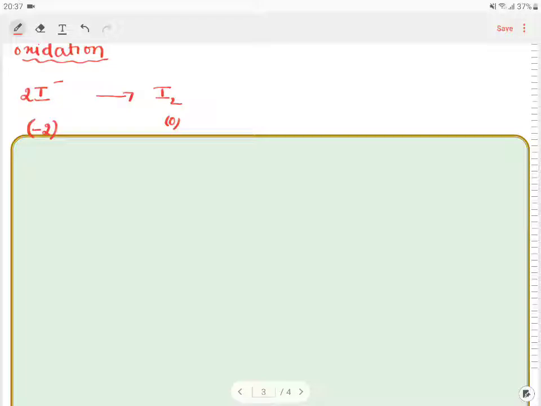There are 2 negative charges on the left hand side. To get another 2 negative charges, I need to add electrons on the product side. So I'll rewrite the equation: 2I minus giving rise to I2 plus 2 electrons. This is my equation, I'll mark it with a star.